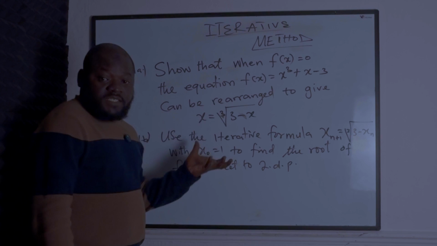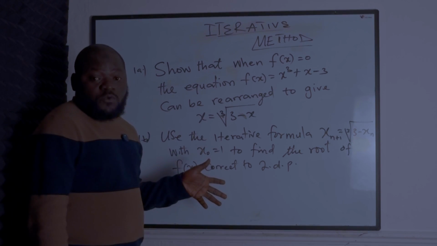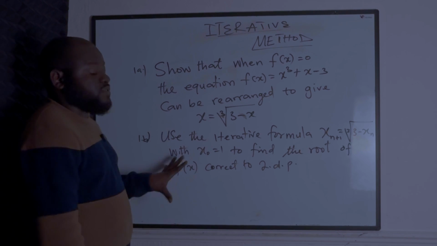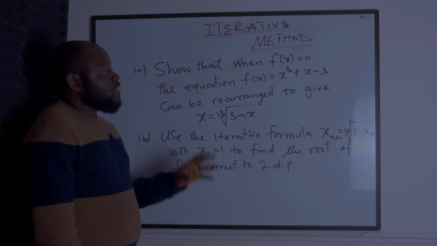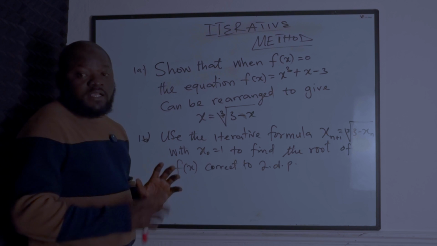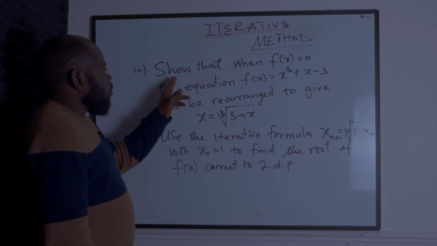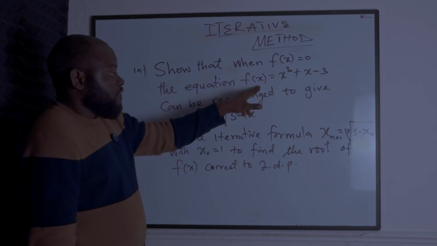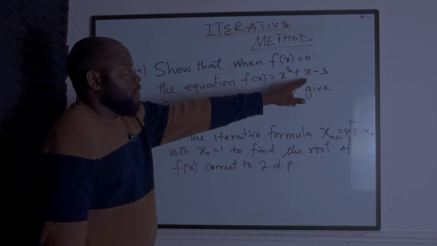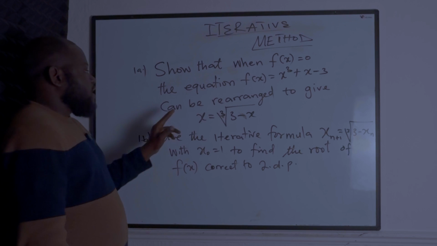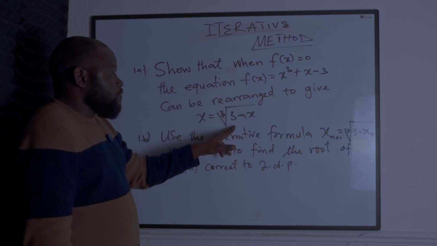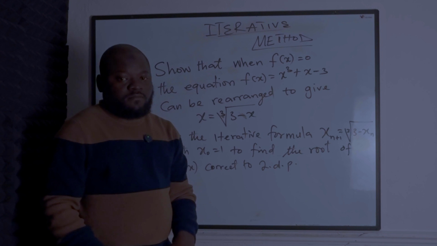So this is the one that you are most familiar with, and that's why I'm starting with this. Usually, your teacher will give you questions like this in the class as an example or assignment. Show that when f of x equals 0, the equation f of x equals x cubed plus x minus 3 can be rearranged to give x equals the cube root of 3 minus x.